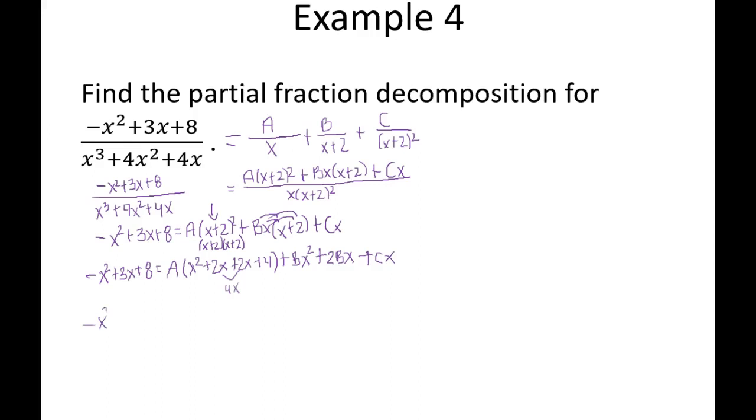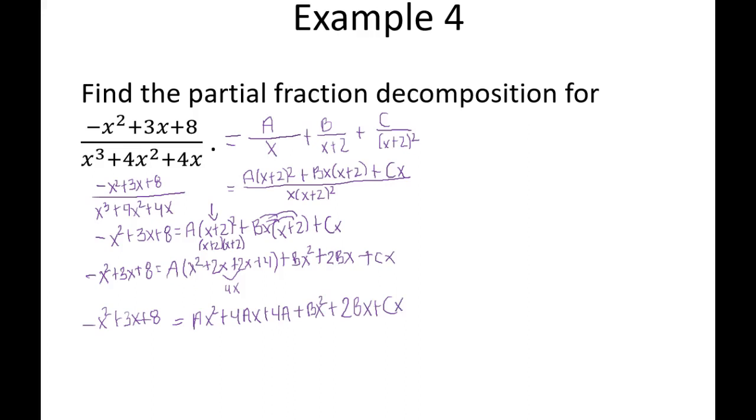So we have negative x squared plus 3x plus 8, and this will be equal to ax squared plus 4a times x plus 4a plus bx squared plus 2bx plus cx.